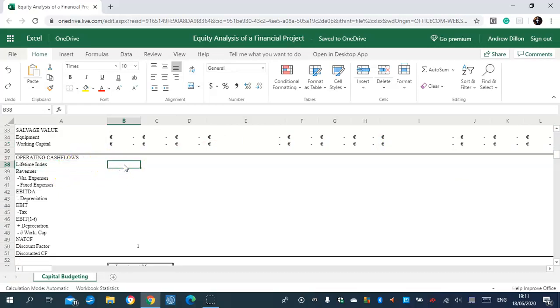Next one's going to be operating cash flows, which requires a lifetime index. The lifetime index will require an IF statement. So here's how it's going to go.